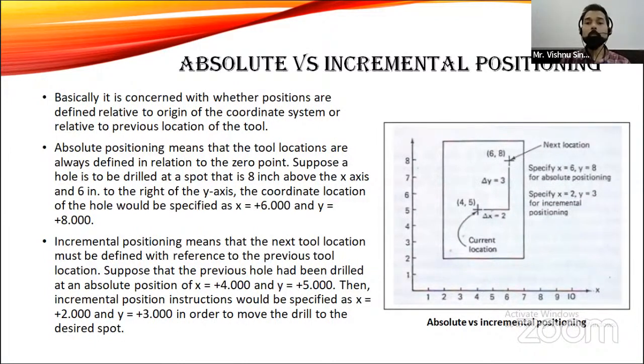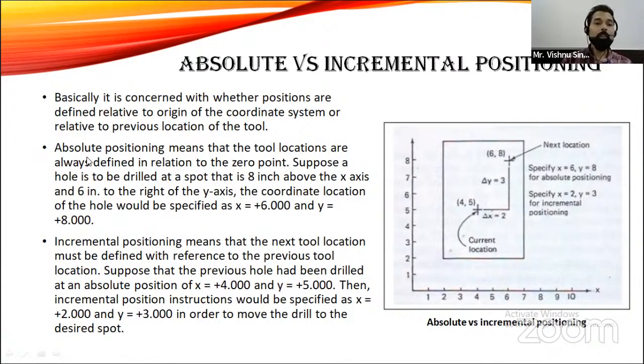We have already moved to x4, we want to move to x6, so we will simply add x equals 2 and y3. In this way, we will move from x4 y5 to x6 and y8. So as you can see, in incremental positioning, we are moving to the next tool location with reference to the previous tool location. We are not considering the original tool location.